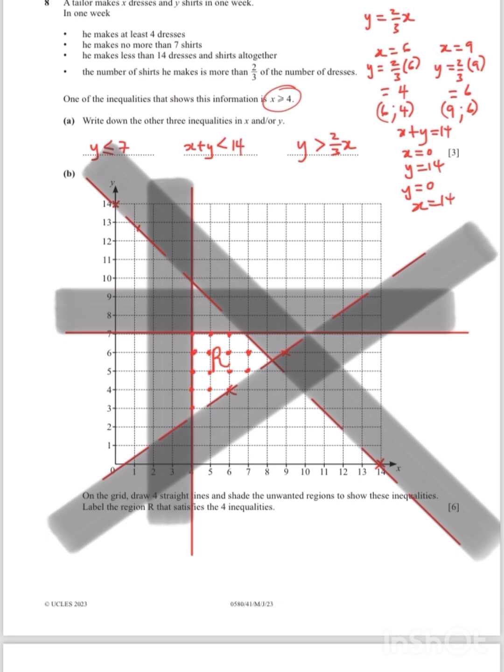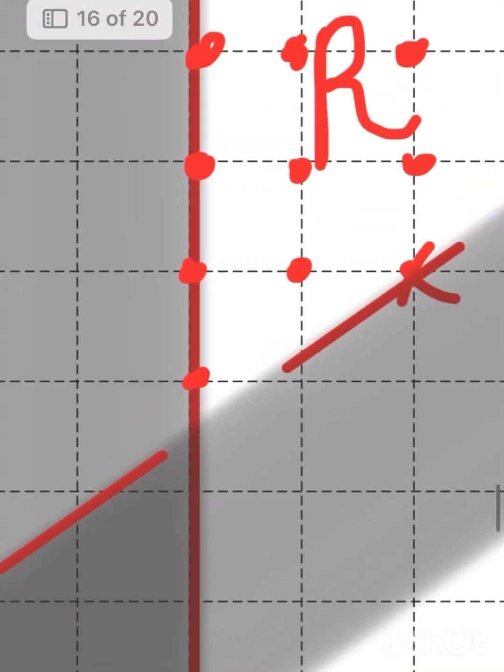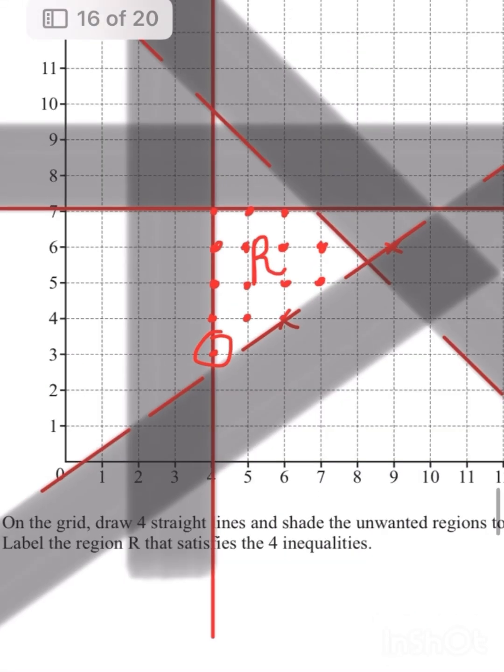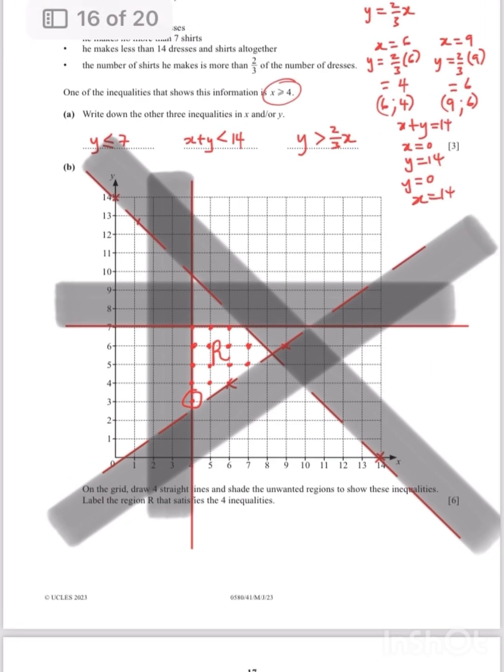So if we say that the smallest number of shirts the tailor makes in 1 week, and dresses as well, so we are actually going to take this value, which is the least. So this will mean that we have got 4 dresses and 3 shirts. This is the coordinate.